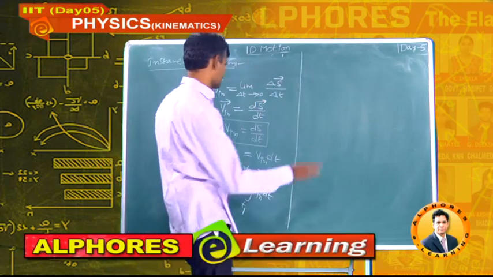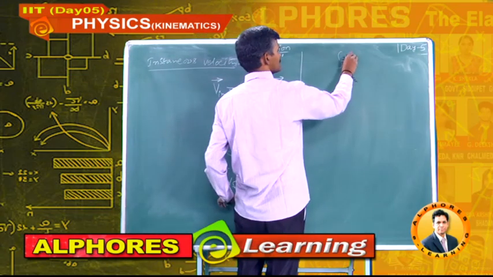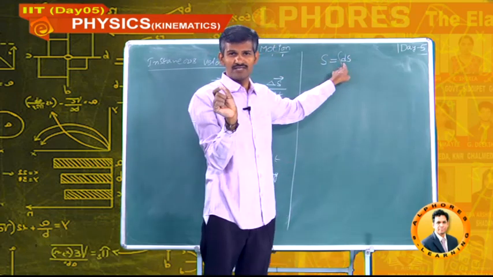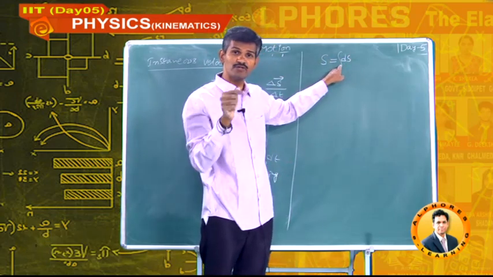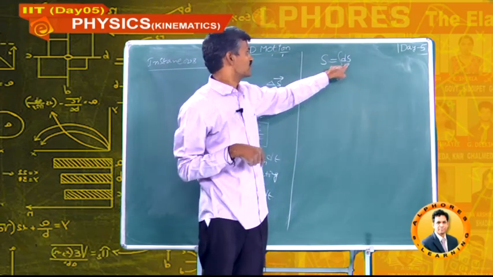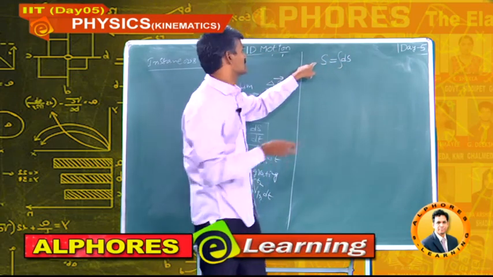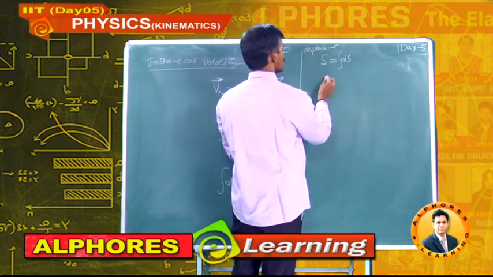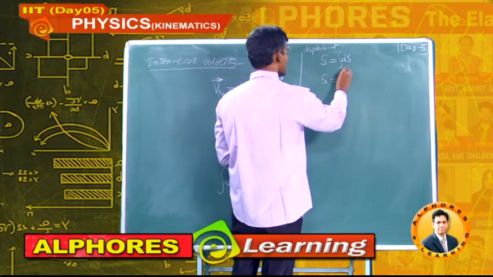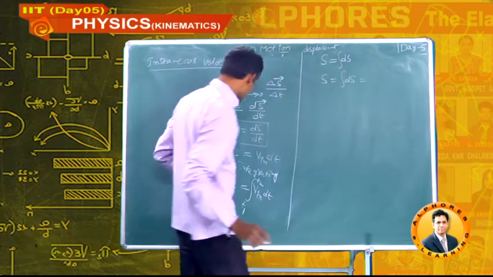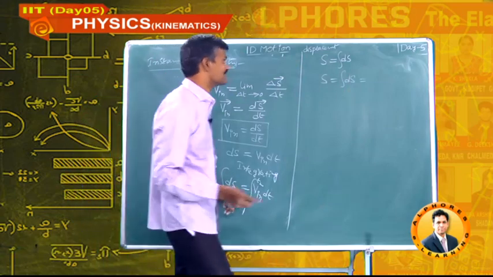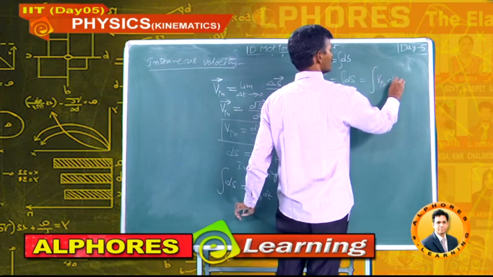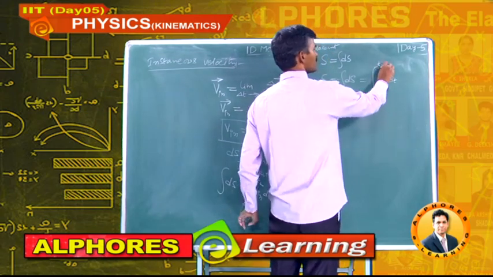Here integral ds is nothing but s. ds is a small displacement; the sum of small displacements gives the total displacement. So, this is the displacement of the body. So, this displacement is integral ds, which is integral V_inst into dt, with t changing from t1 to t2.